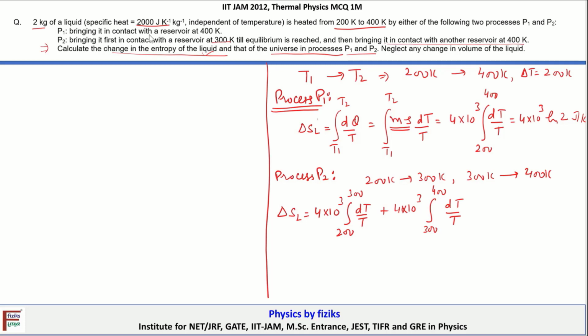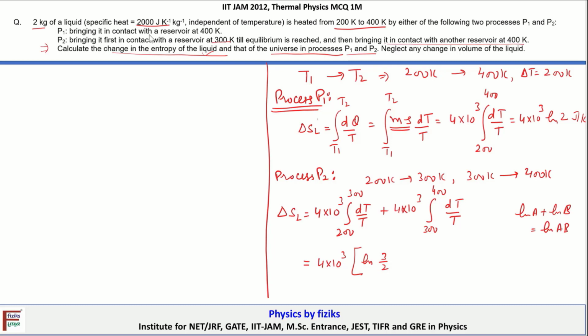And this is equal to 4 into 10 power 3 times ln 3 by 2 plus ln 4 by 3. So log a plus log b is equal to ln ab.